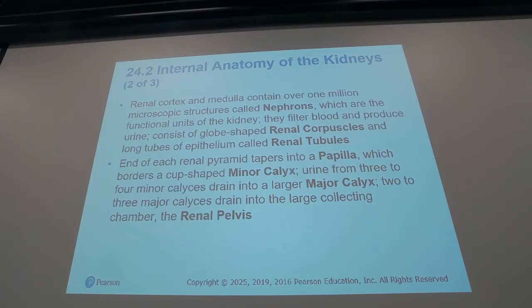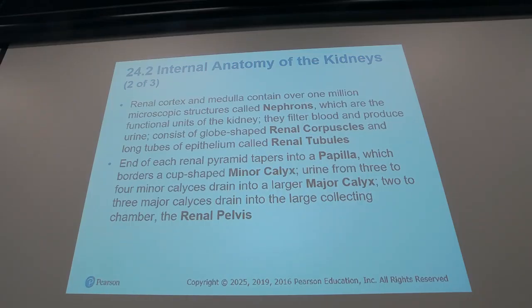So, the functional unit of the kidneys are the nephrons. And we have two types of nephrons. The nephrons that are located in the cortex, which will be the cortical nephrons. And then we have the nephrons that are located close to the medulla, which will be the juxtamedullary nephrons.